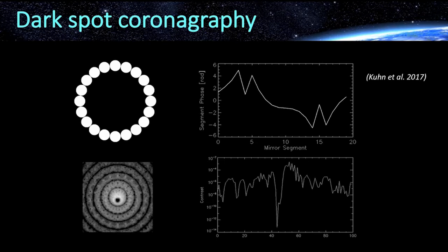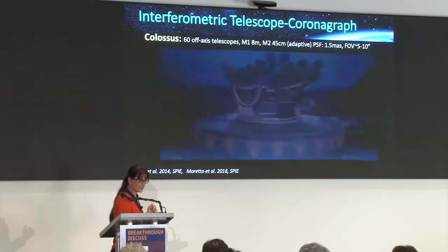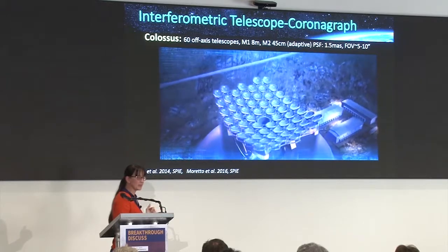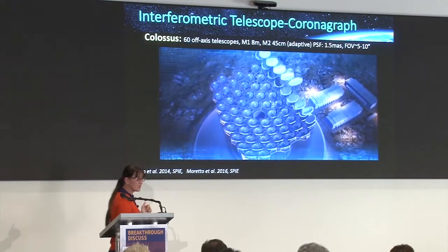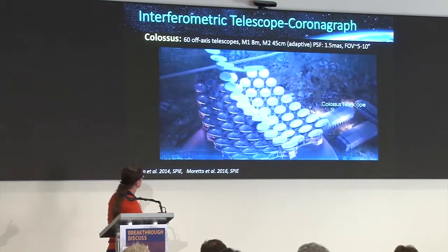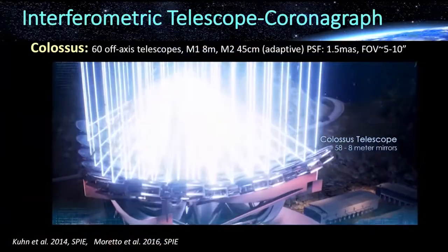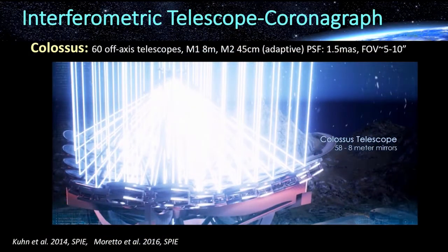You see at least 6 or more orders of magnitude darker than the rest. Once we have that, we can combine a larger system called Colossus with about 60 mirrors combined in a single array. That system will already be able to map the surfaces of hundreds of exoplanets in the solar neighborhood.